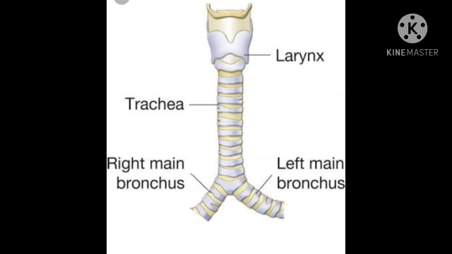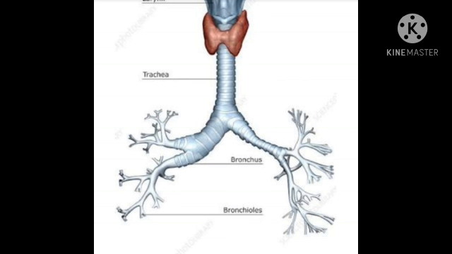The trachea branches into two tubes known as the bronchi, one of which enters each lung. Inside the lung, the bronchi branch into fine branches known as bronchioles. Bronchioles continue to branch, leading to microscopic alveolar ducts that then terminate in the alveoli.